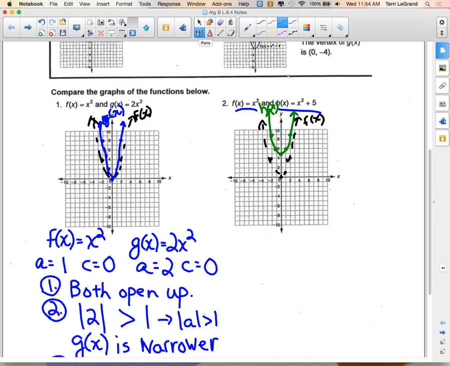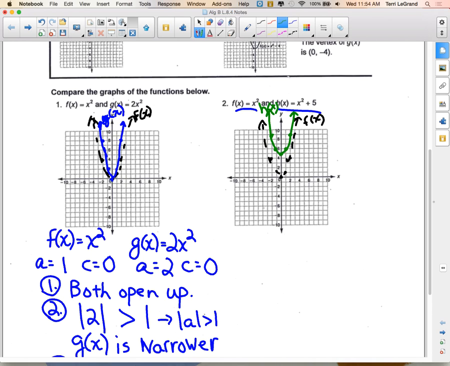Okay, now, just looking at their graphs, not even comparing anything with their A's or their C's, tell me all the comparisons you can make. They both open up. Remember the other thing that the A value is going to control, the first thing we're going to think about, is the width. Are they the same width? They don't look like it on the graph, do they?